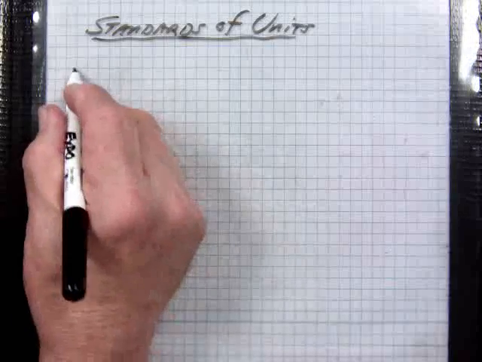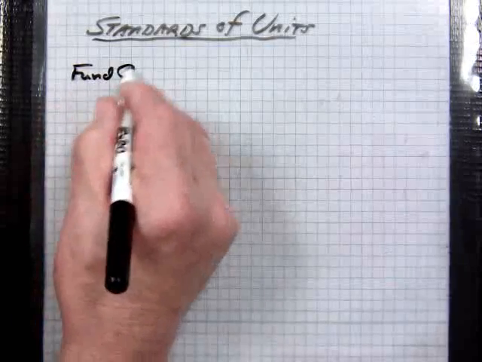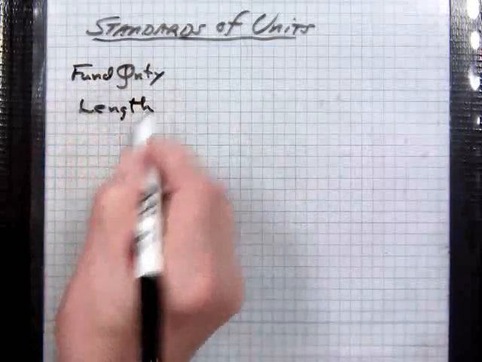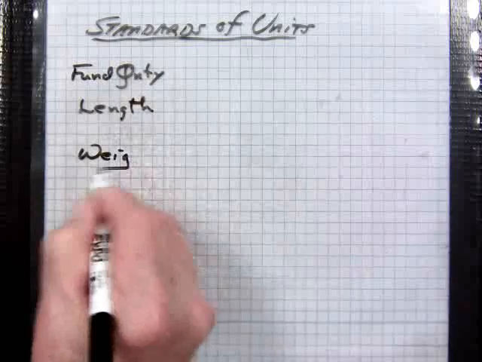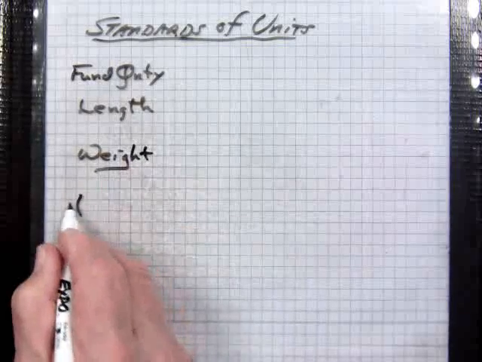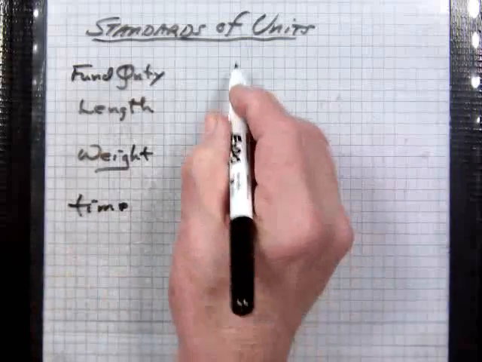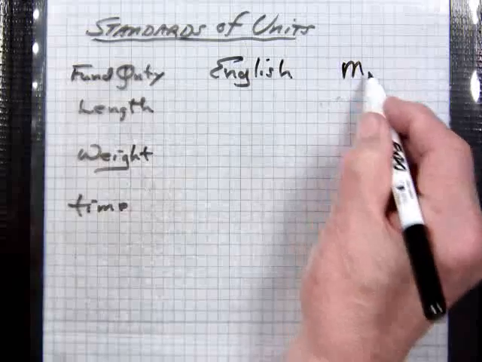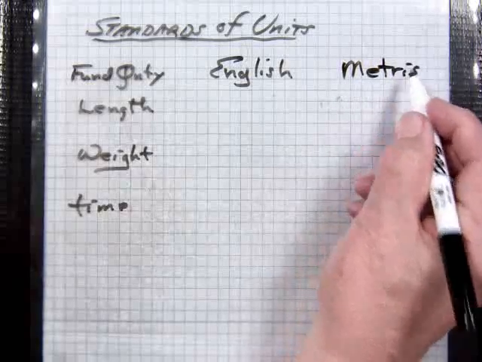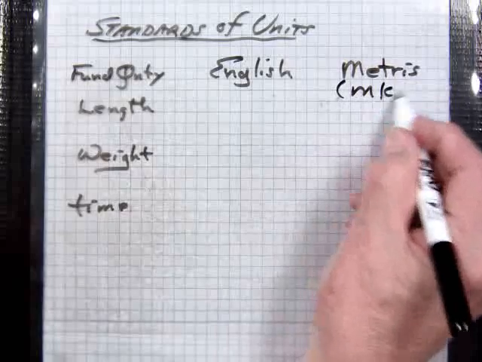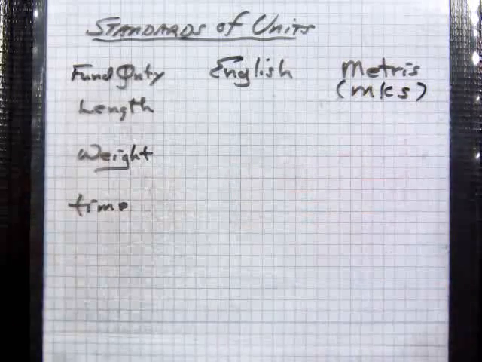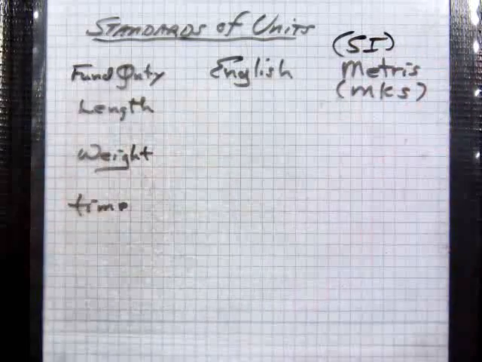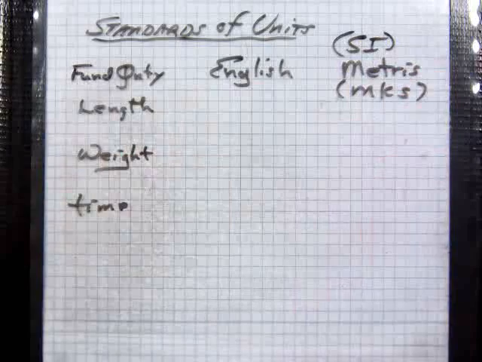Okay. In working with any measurement, there are 3 things that make the measurement make sense: define, standardize, and compare. The definition of the unit is the fundamental quantity. So we'll go fundamental quantity: length, weight, and of course time. And then we have the English system, and of course the metric. This would be the MKS system, or SI system, Standard International Metric System, as we refer to it.